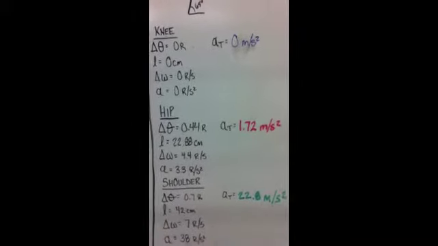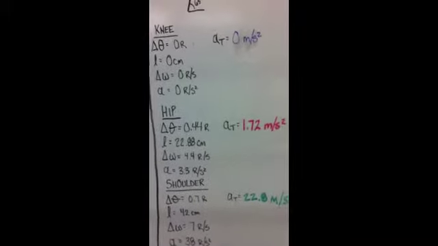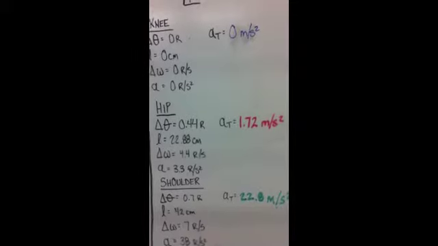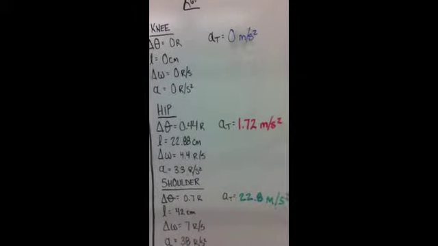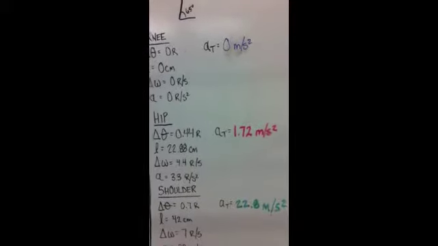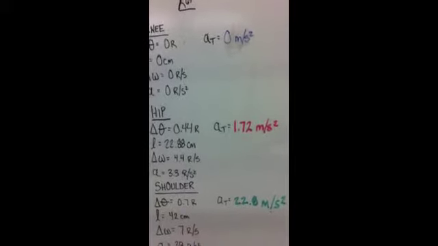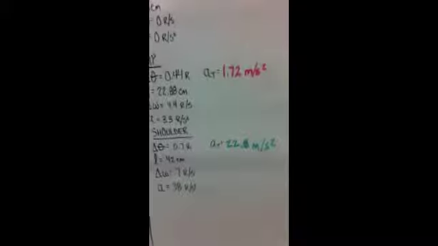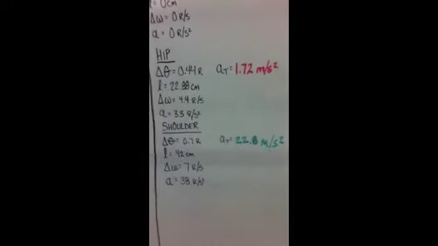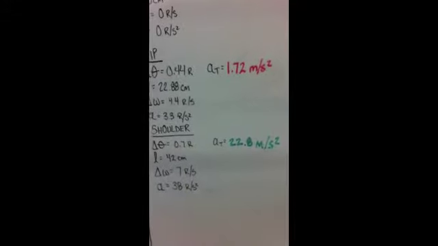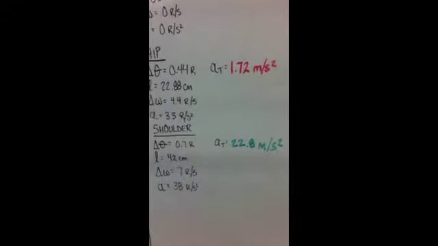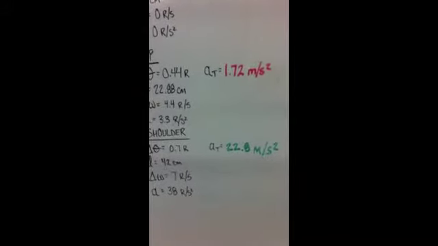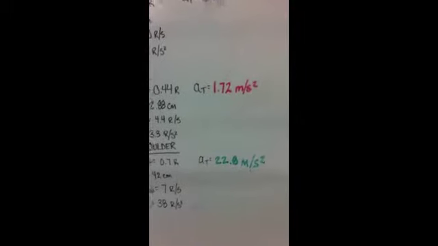The hip, however, has an angular displacement of 0.44 radians, an angular velocity of 4.4 radians per second, an angular acceleration of 3.3 radians per second squared, and a tangential acceleration of 1.72 meters per second squared, which ends up being significantly less than position A. Also, at the shoulder, I get angular displacement of 0.7 radians, angular velocity of 7 radians per second, an angular acceleration of 38 radians per second squared, and a tangential acceleration of 22.8 meters per second squared.